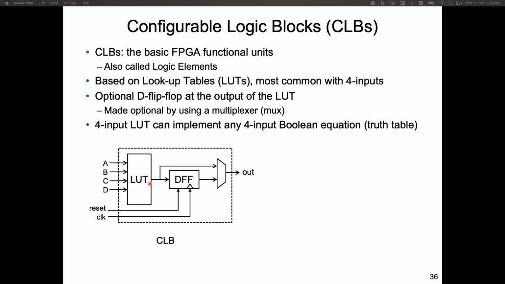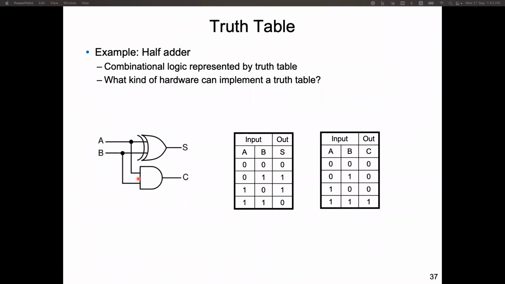Now let's see how the lookup table implements the wanted logic function. Let's look at a real example. Say we want to build a half adder, a 1-bit adder without carry in. So we have A and B inputs.